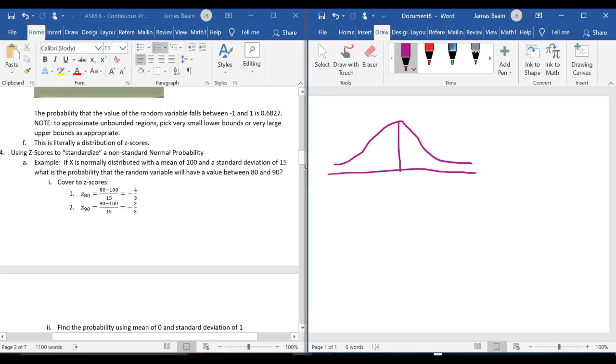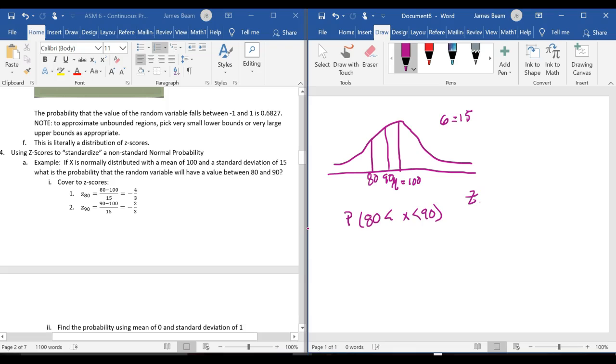IQ is usually the classic example of having a mean of 100 and a standard deviation of 15, right? So back in the day, if I wanted to find the probability of having an IQ score between 80 and 90, that's down here, 80 and 90. What I would do is first find the z-scores.